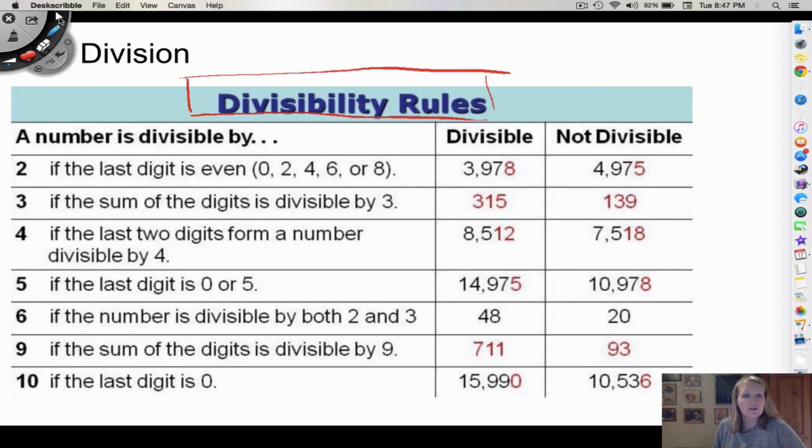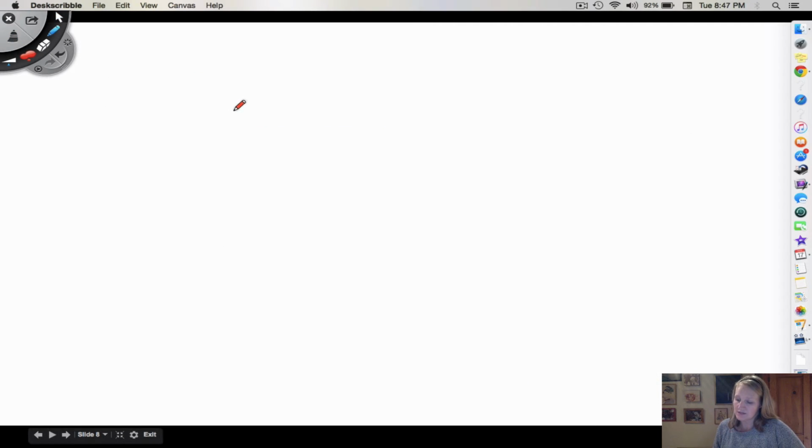So let's go through and do an example of divisibility, of using division to find out about prime factorization. So if I have a 325, okay, the way that you set this up is you think to yourself, okay, is 325 divisible by anything?